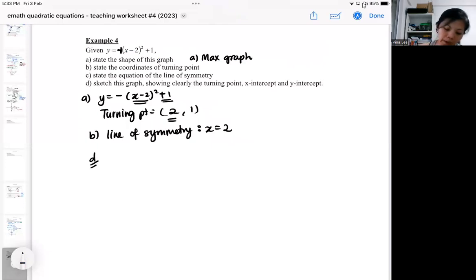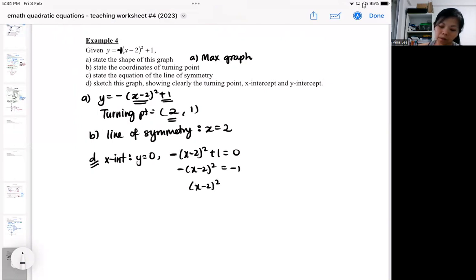Then we go to the sketch. I only have the turning point. I need my x-intercept. This time round, are you getting any answer? It seems that you will be able to get 2 answers.